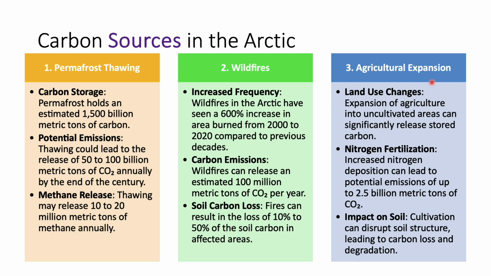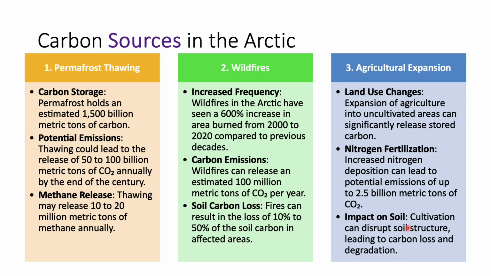The third one is agricultural expansion. That means land use changes are happening currently. Expansion of agriculture into uncultivated areas increases the release of stored carbon from these areas. Then nitrogen fertilization is also being used. The increased use of nitrogen fertilizers leads to a potential emission of up to 2.5 billion metric tons of carbon dioxide.